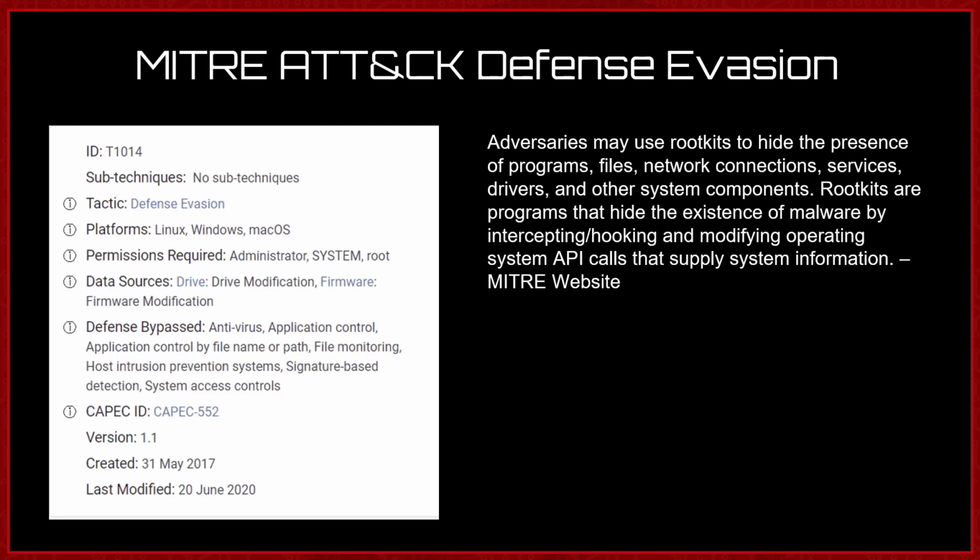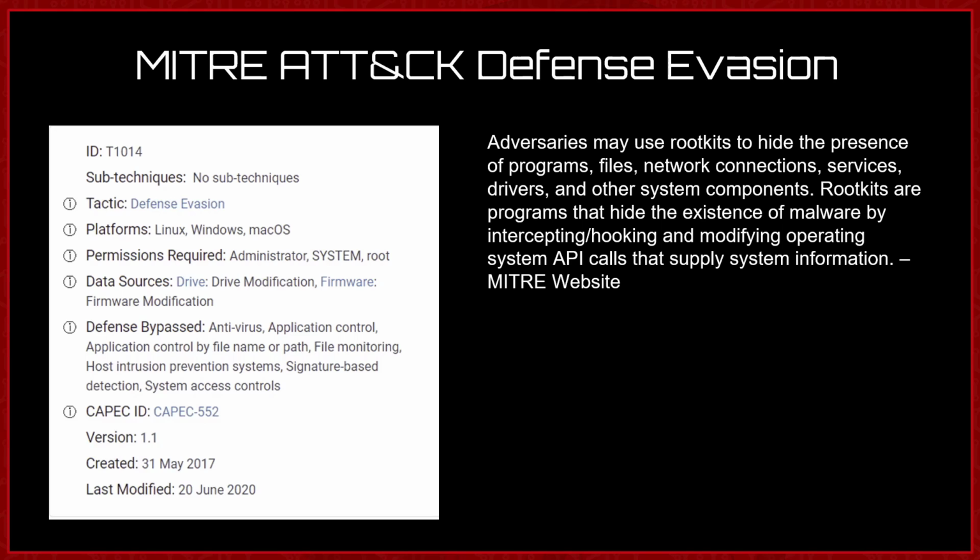So when we talk about the defense evasion tactic and where rootkits fall in, you can actually see the technique ID there. It essentially provides the following description. Adversaries utilize rootkits to hide the presence of programs, files, network connections, services, drivers, and other system components. Rootkits are programs that hide the existence of malware by intercepting or hooking and modifying operating system API calls that supply information, right?